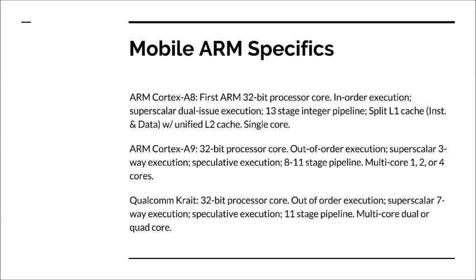And then you have the Qualcomm Krait, which isn't too far ahead of the A9, but it's a 32-bit. It's based on the ARMv7 architecture, and it's got out-of-order execution, superscalar 7-way, so that's 7 functional units, and everything else looks exactly the same as the A9.